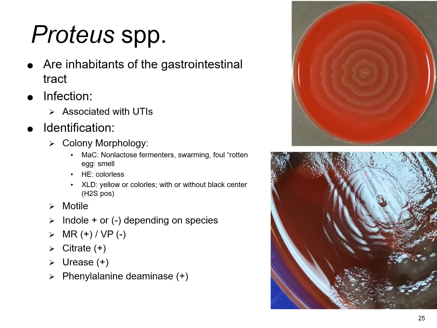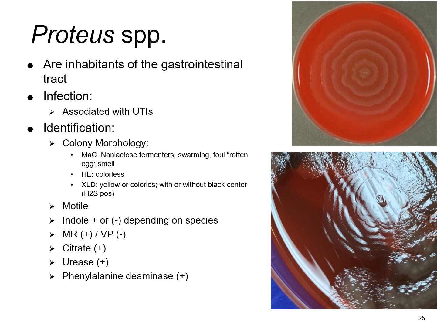Your Proteus species are found within the gastrointestinal tract, so obviously they could be a problem as far as the anatomy and causing UTIs. These organisms are non-lactose fermenters on MacConkey agar, and they do have a smell to them. Some people say it smells like rotten eggs.